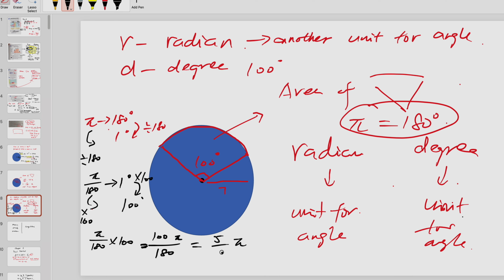So it's 5 over 9 pi. Instead of 100 degrees, you can put 5 over 9 pi radian for this angle. And if you want to use degrees to represent this angle, it's 100 degrees. Understand? So that's the meaning of radian.